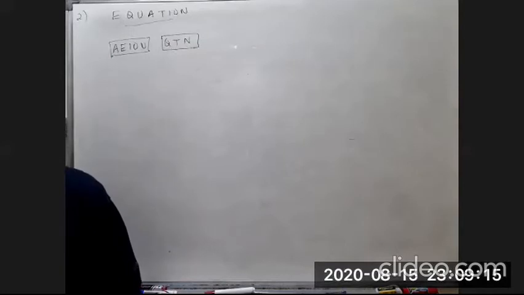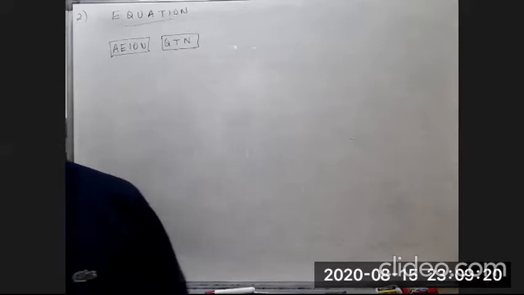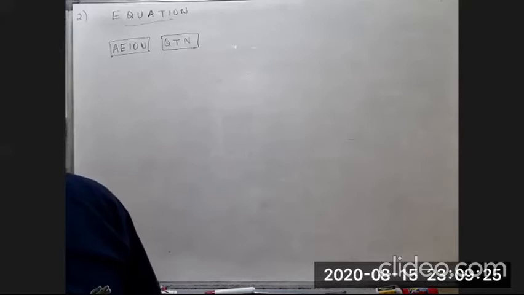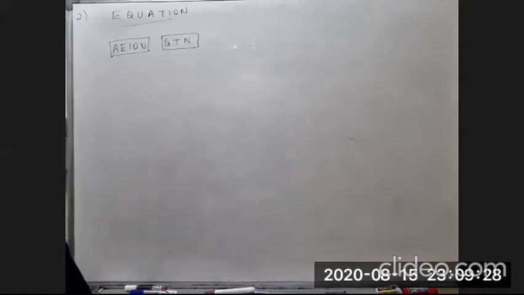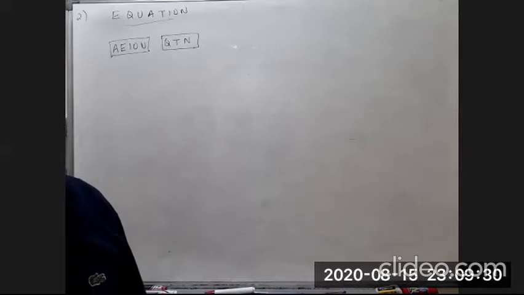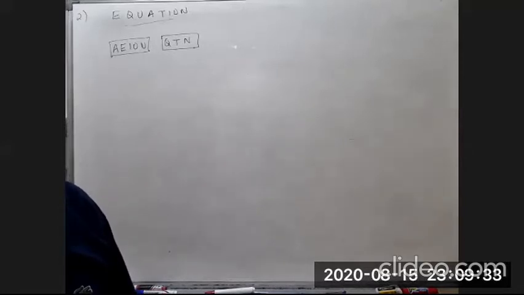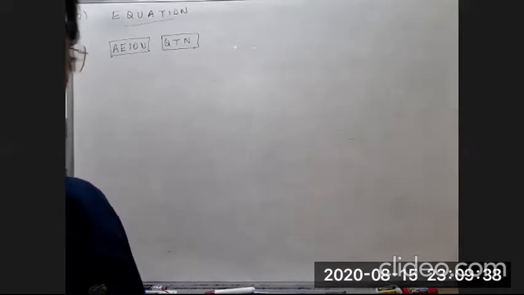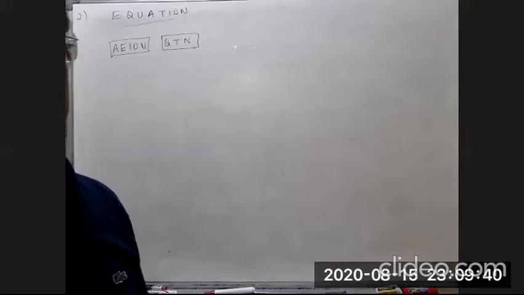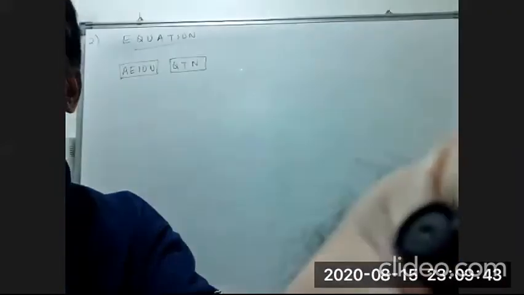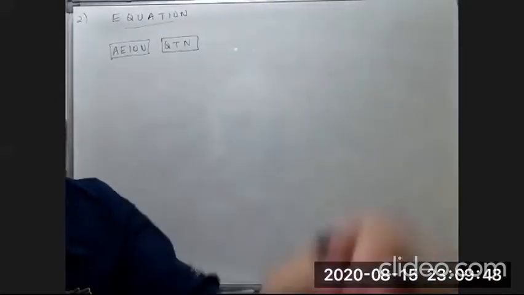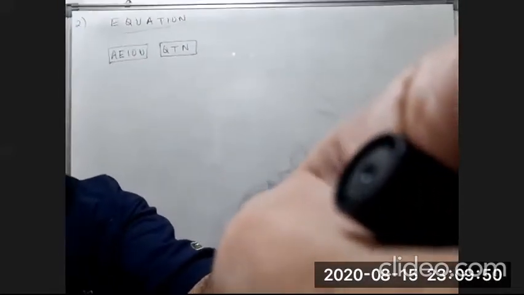Then write the answer. 5 vowels inside a box and 3 consonants in another box.